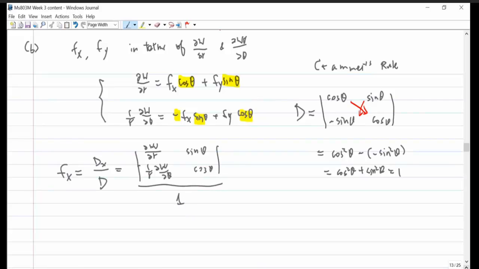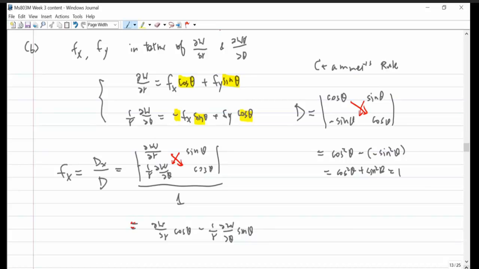So again, you use the arrows, positive and negative. What is this equal to? You can find that this is equal to dw/dr cosine theta minus 1 over r dw/d theta sine theta.